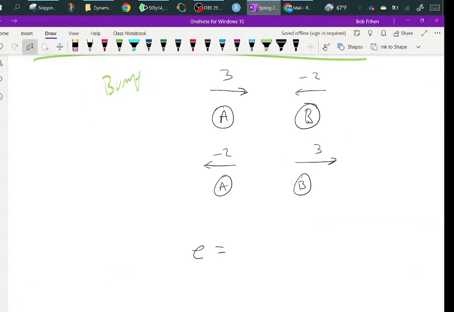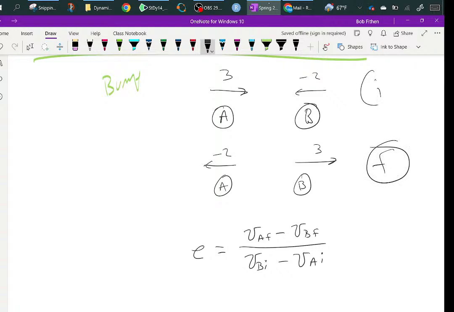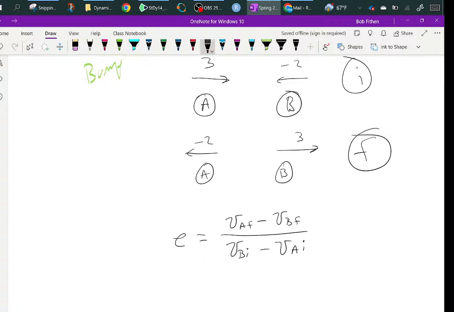Let's do this: VB final minus VA final, over VB initial minus VA initial. So this will be our final, this will be initial. What you'll end up with is VA final is minus 2.